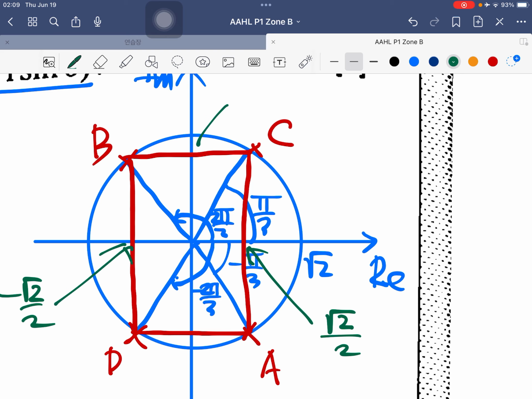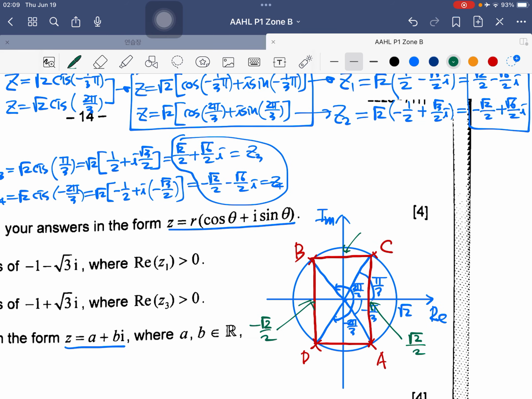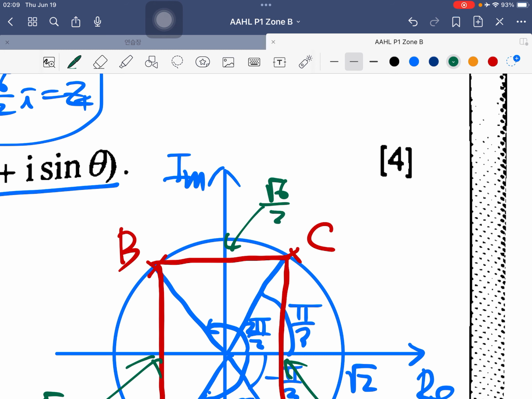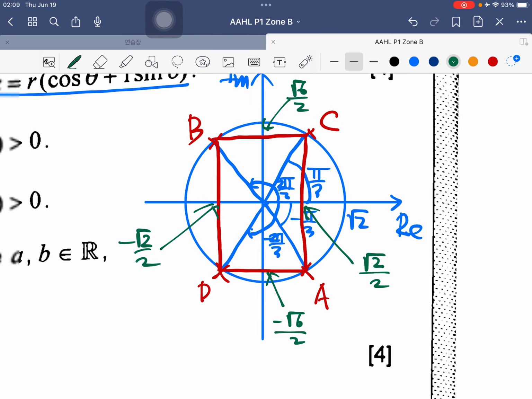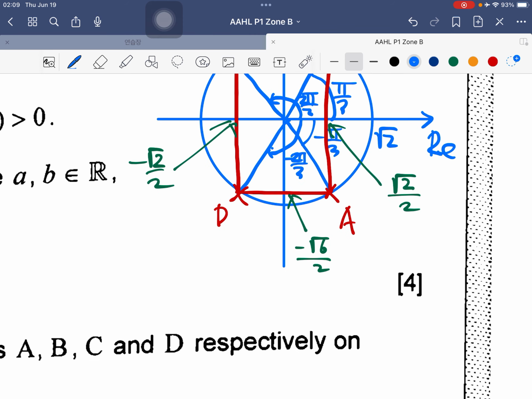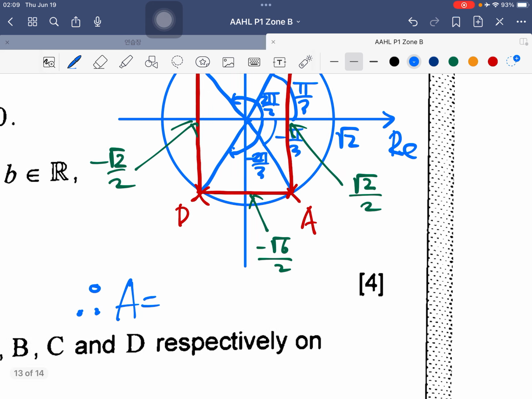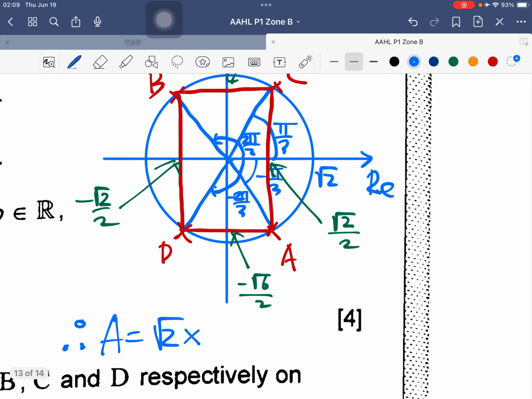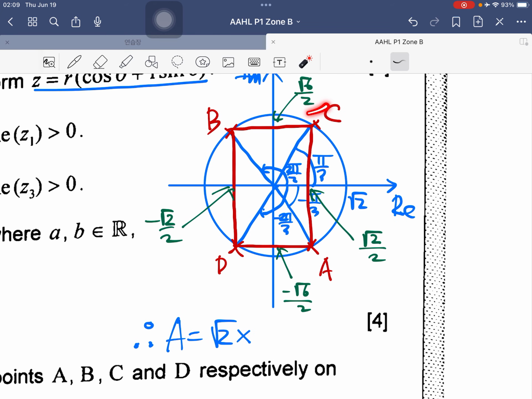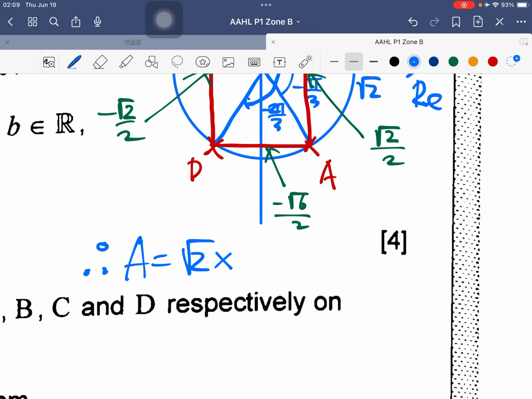The y coordinate, the imaginary part, is square root of 6 over 2 here, and minus square root of 6 over 2 over here. Therefore, the length of the bottom is this minus this, so square root of 2, and the height is this number minus this number, which equals square root of 6. We get square root of 12, equal to 2 square root of 3. This is the area.